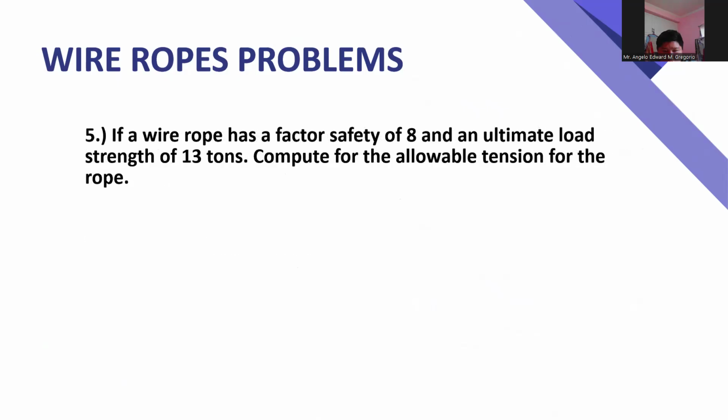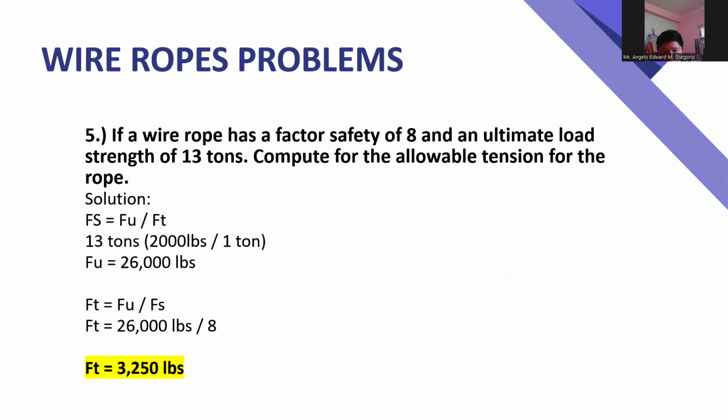Next, if a wire rope has a safety factor of 8 and an ultimate load strength of 13 tons, compute the allowable tension for the rope. So 13 tons and the factor of safety of 8. We can still use the factor of safety formula, which is Fs is equal to Fu over Ft.